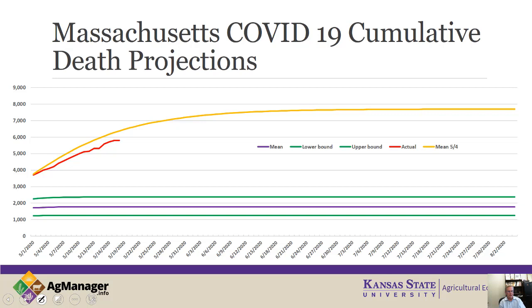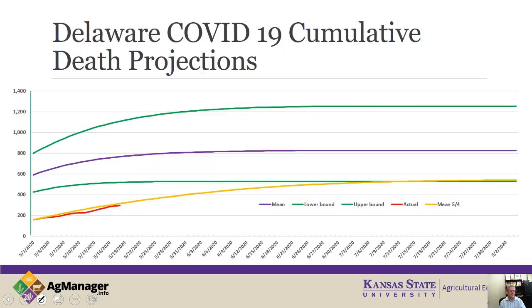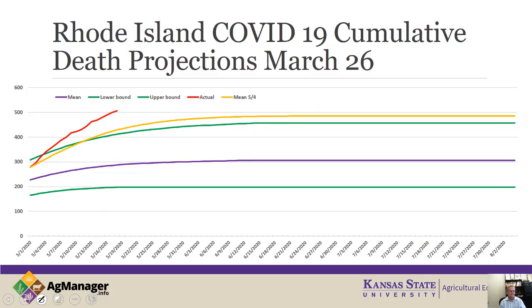Massachusetts is a little bit better than the May 4th projection. Maryland is a little bit worse, in that they've experienced deaths at a little higher rate than what the May 4th model predicted. And again, that purple line and those green lines give you the original model predictions. Delaware is fairly close, a little bit less in terms of mortality rate.